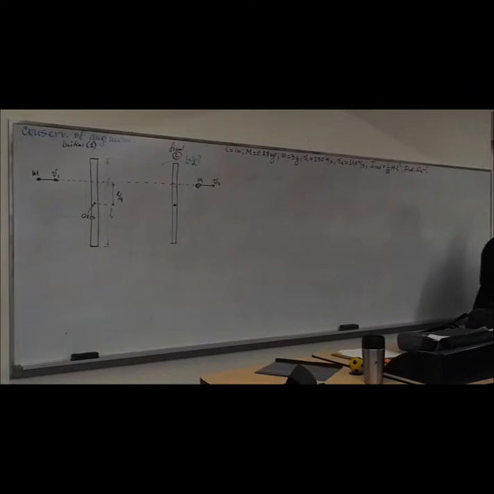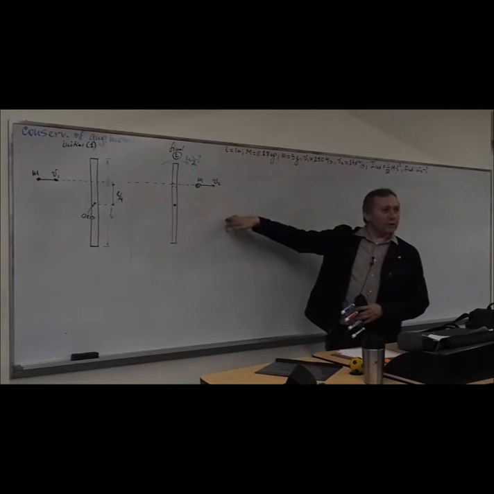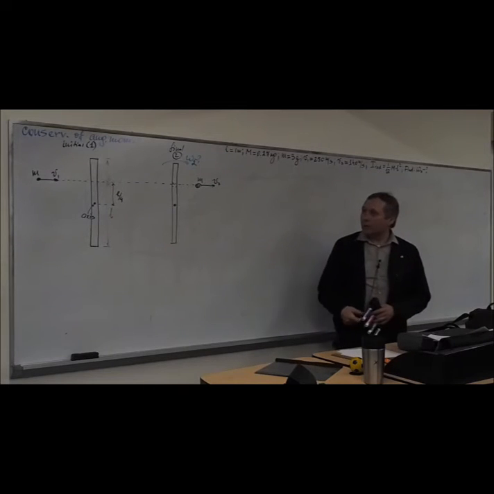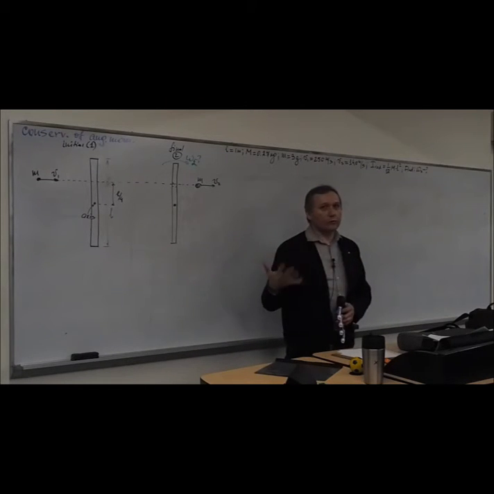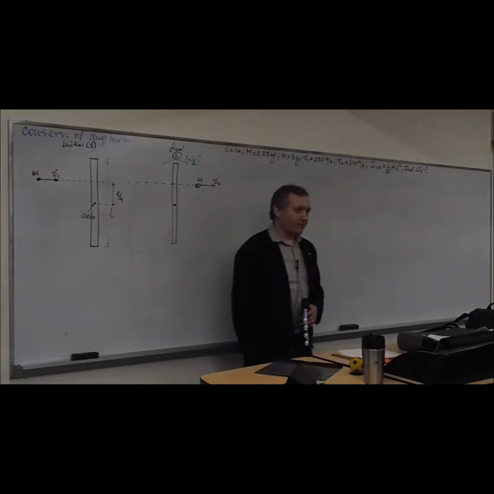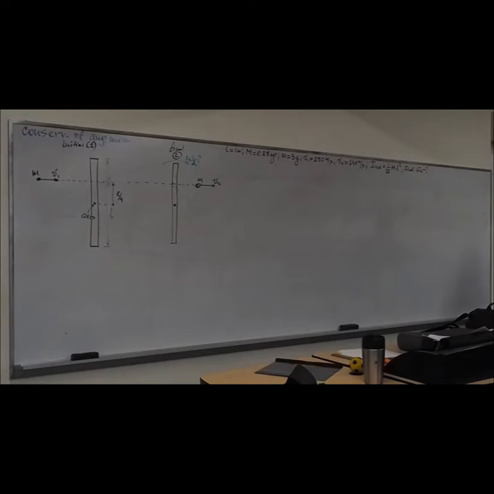And as I told you, on the exam I will tell you somewhere in the problem to use conservation of angular momentum, because the justification is more complicated. Of course, there is only one force which can ruin conservation of angular momentum. It's friction at the axle. We will assume that friction is zero.